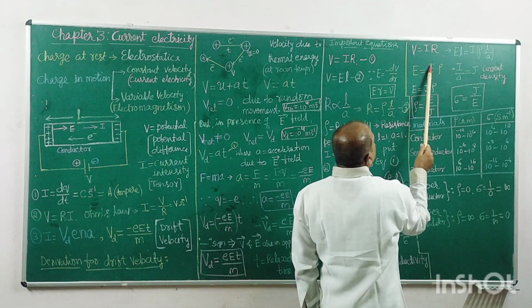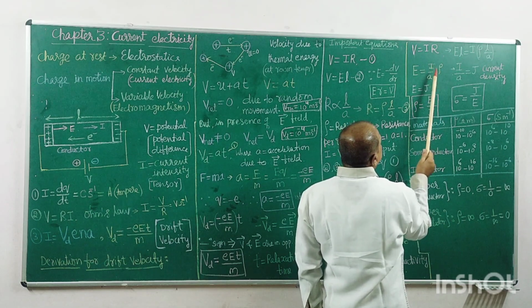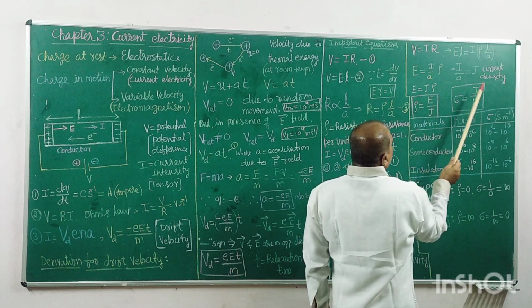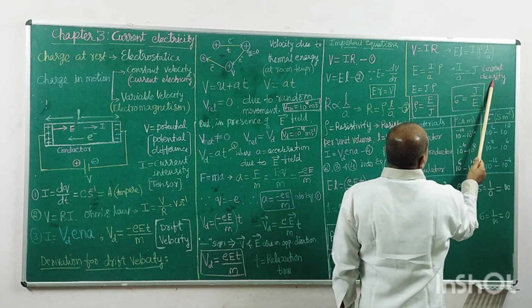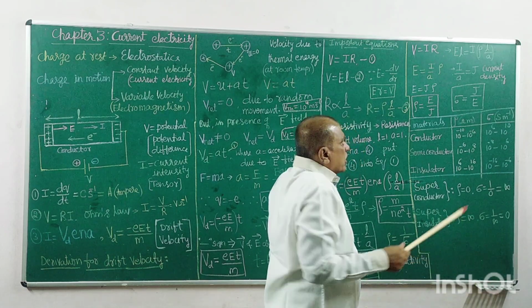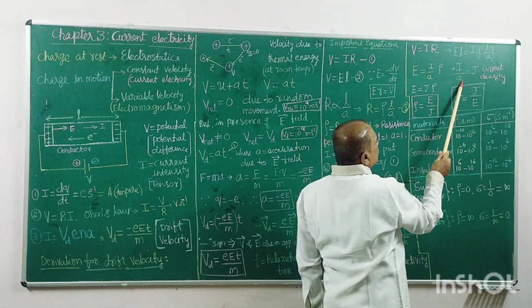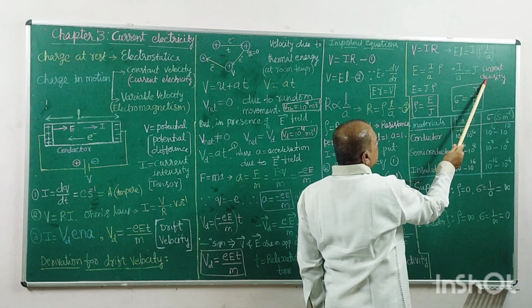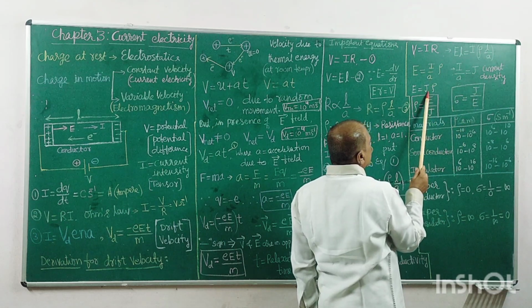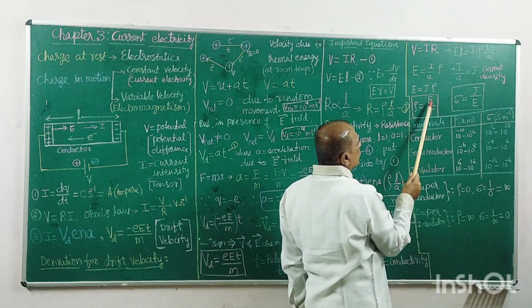L cancels, and we get I by A. This I by A ratio is called current intensity by area of cross section. It is called current density, one more term. The ratio of current to area of cross section is J, the current density. So you can write in terms of current density, rho is equal to E by J.